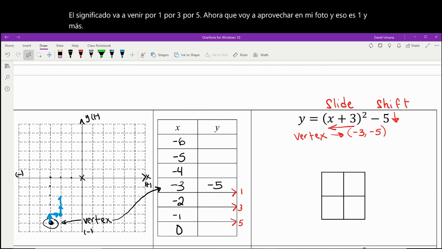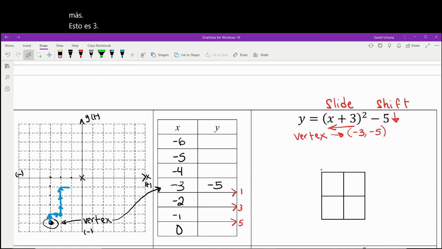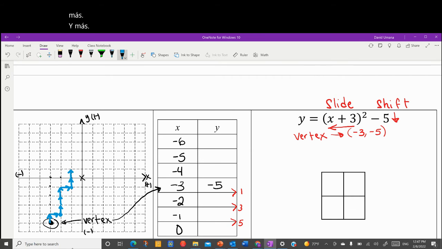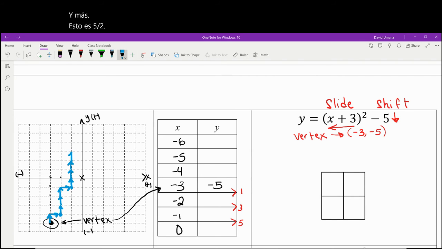This is 3 and over. This is 5, 2, 3, 4, 5, and over. So what that means is I'm going to have a point here, here, and here.